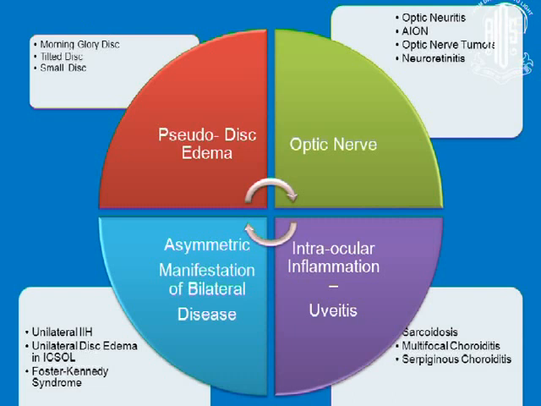One can be optic nerve diseases or optic neuropathies. The intraocular inflammation, which may lead to unilateral disc edema. Sometimes it can be pseudodisc edema, which has been very well covered by Dr. Nikhil. And there can be asymmetric manifestation of a bilateral disease in some cases. We'll be concentrating mainly on the optic neuropathies, and we'll discuss the others in brief.